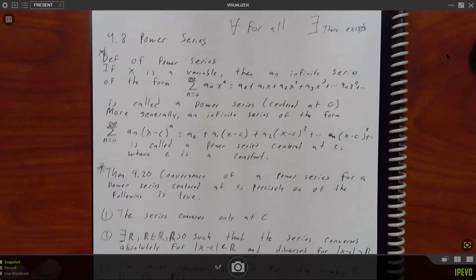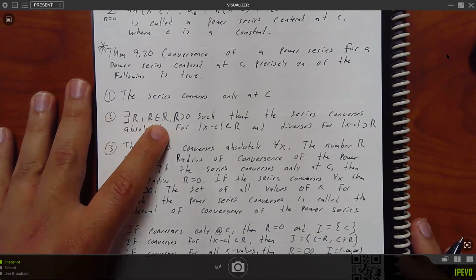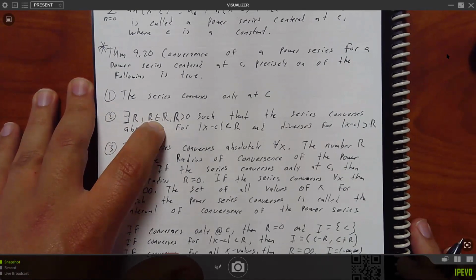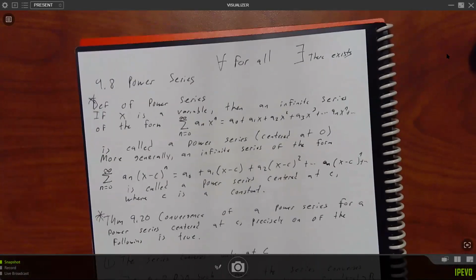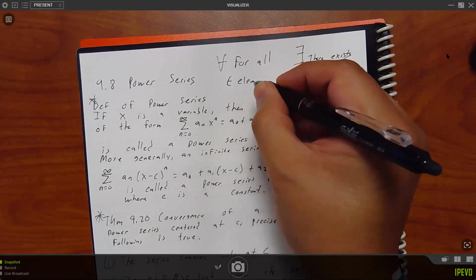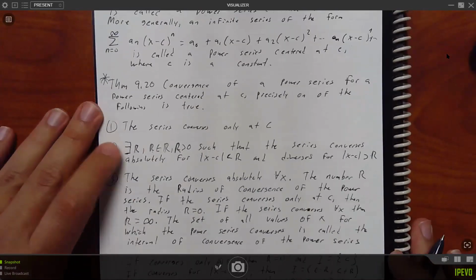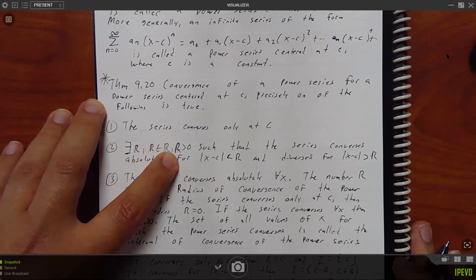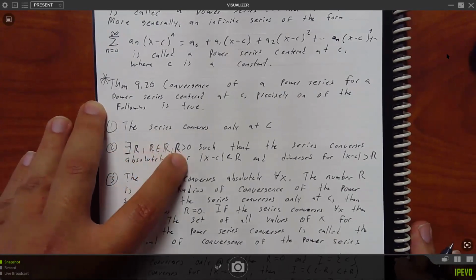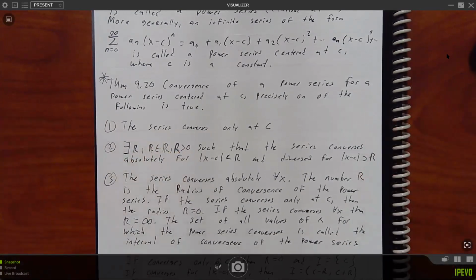So this is saying that there exists one R that is a real number, right? And you're familiar with the epsilon, the E. That little epsilon means element of or part of. So this is saying that R is from the real numbers. So there exists an R that is in the real numbers that is greater than 0. So all those are required for this statement.